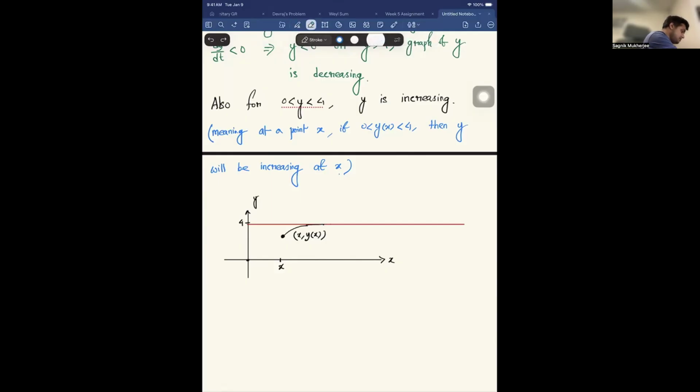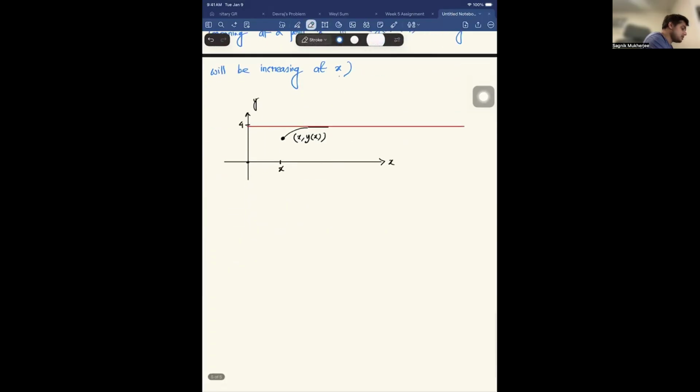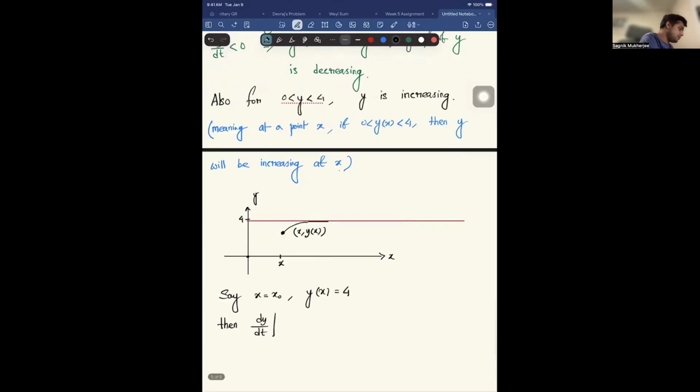Sorry, let me be more precise. It will increase, and say at x equals x0, y(x) is 4. What happens after that? Well, see, then dy/dt, why are you looking at dy/dt?